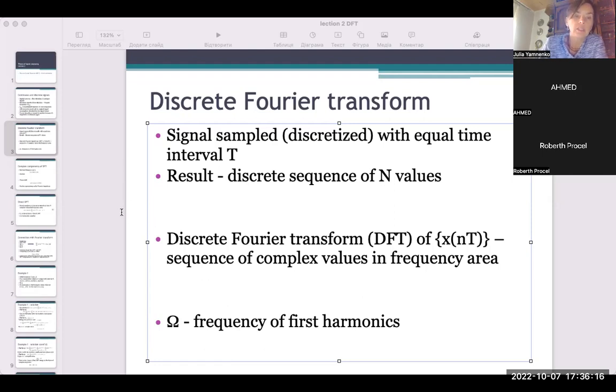And instead of dt in the integral, we put T, the period of discretization, the interval of discretization. And one more replacement: in the formula for the Fourier spectrum, because it was continuous, we used an integral, because for a continuous function it can be applied, but for a discrete function it is impossible to make integration. So the analog of an integral for discrete signals is just a sum.